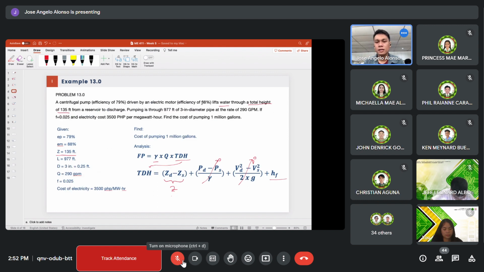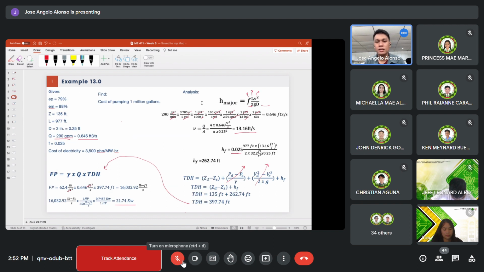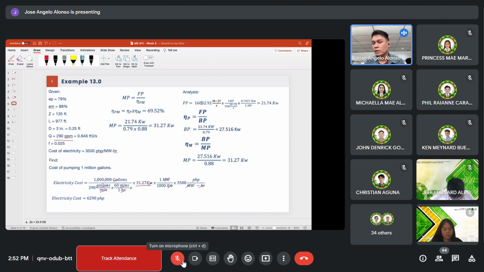We used those to get the total dynamic head. Then from the total dynamic head, we determine the fluid power. Then from the fluid power, we can directly get the motor power using the overall efficiency. And once we get the motor rating or motor power input, we can get the cost of electricity. Okay?